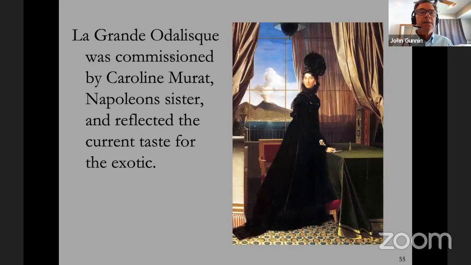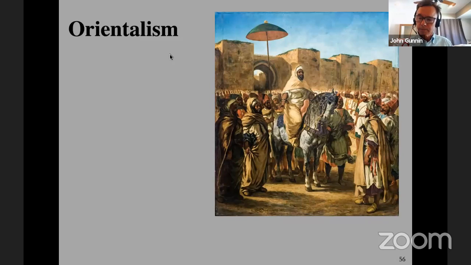And in this case, the work that we're considering was commissioned by Napoleon's sister. It reflected a new trend, a new fashion, a new taste for the exotic. And just before this time, Napoleon had made his expedition into Egypt.